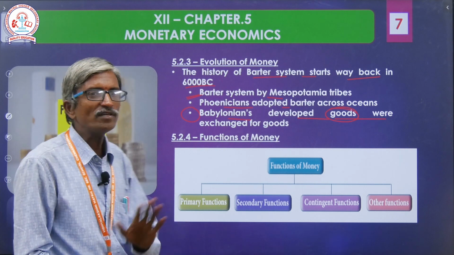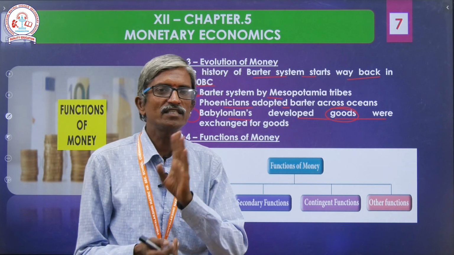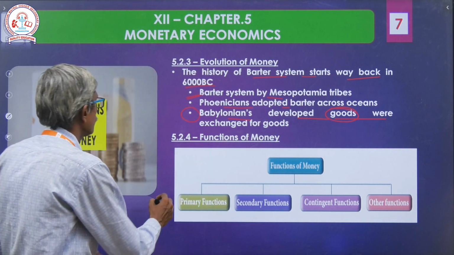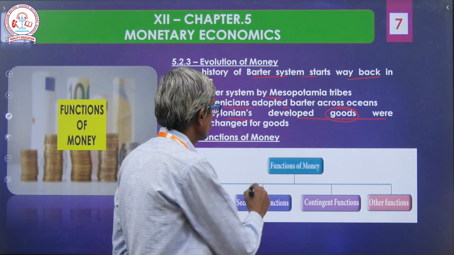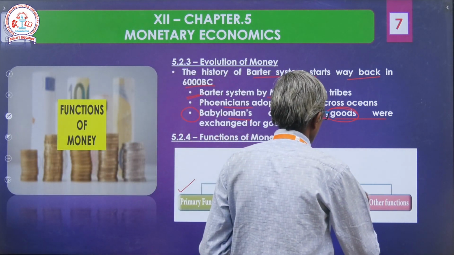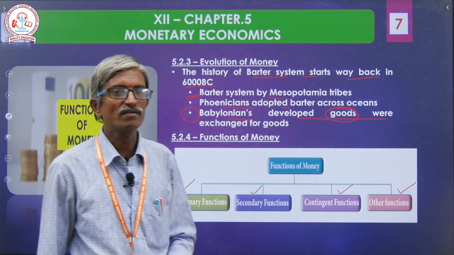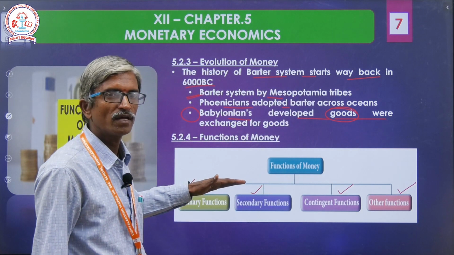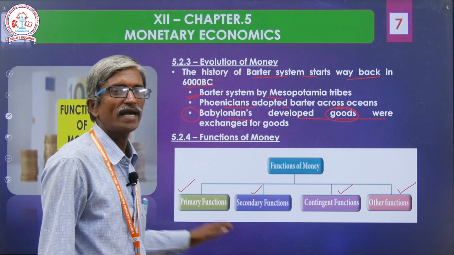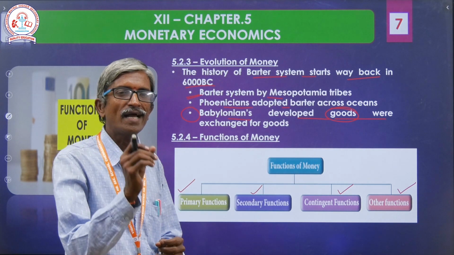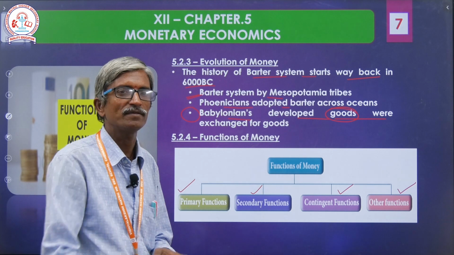Then the next one, functions of money. How does it function? It functions in 4 methods: number 1, primary; number 2, secondary; number 3, contingent; and number 4, other functions. It's an important 5 mark. This diagram helps us know the direct functions of money.